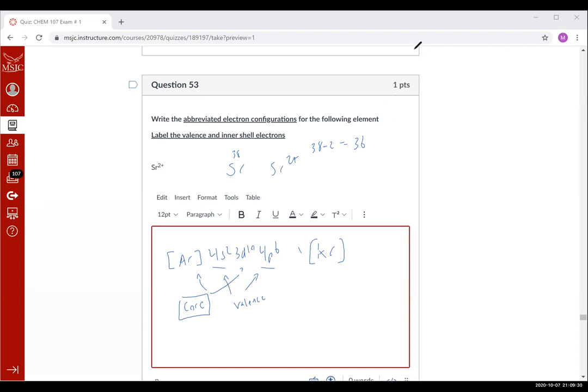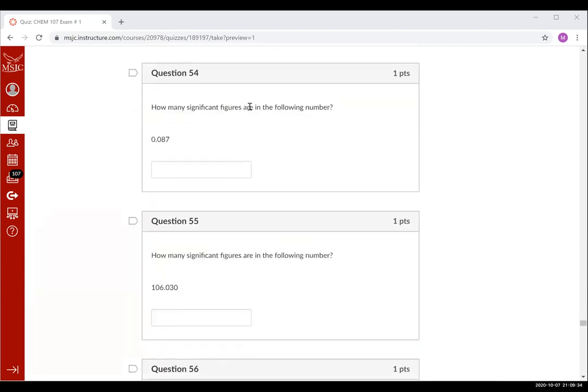So continuing on. In this case, we're asked how many significant figures. The leading zeros are not significant, so this number would only have 2 sig figs. In this next number, zeros after a non-zero digit and after a decimal point are significant.